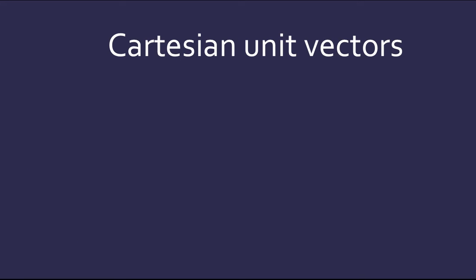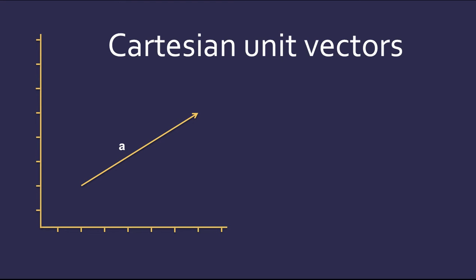This way of representing vectors as graphical objects is so common that a special terminology has been developed. Rather than use an x and y, it is often more convenient to use what are called Cartesian unit vectors. Cartesian is the name given to this sort of coordinate system used on a graph such as this, and a unit vector is just a vector with a length of exactly 1, and I shall have more to say about them shortly. However, this means we can define a vector, such as vector A here, as the sum of two groups of unit vectors.